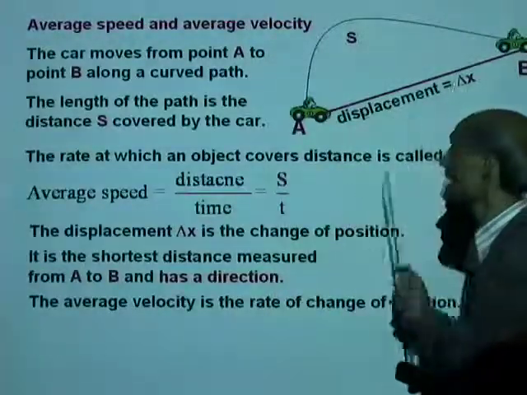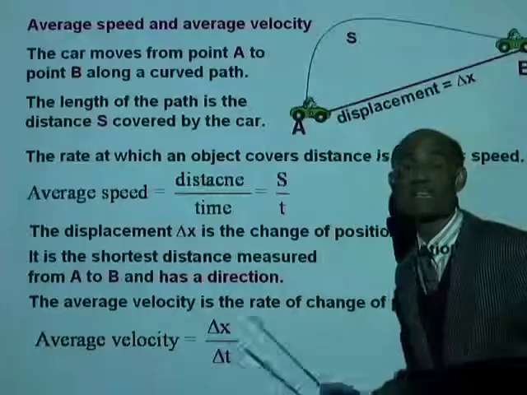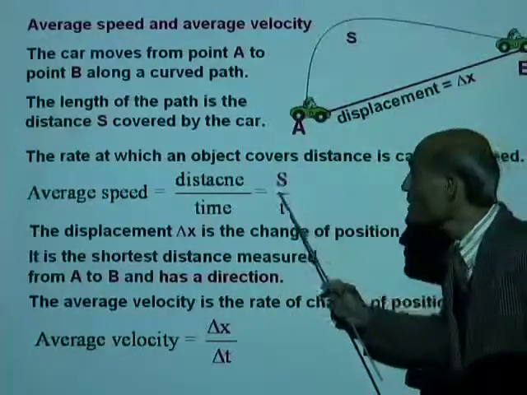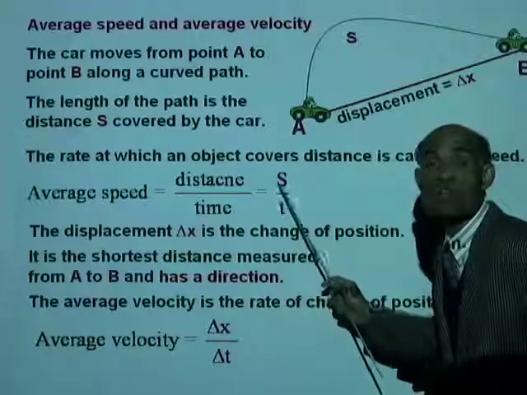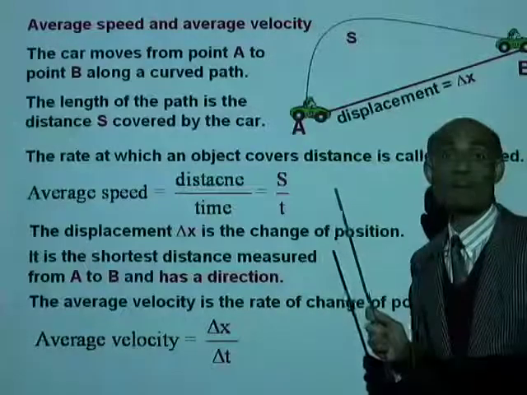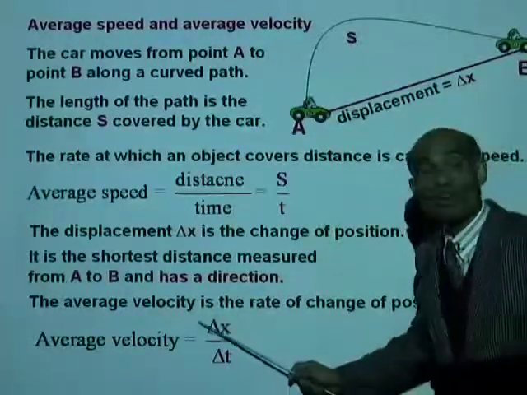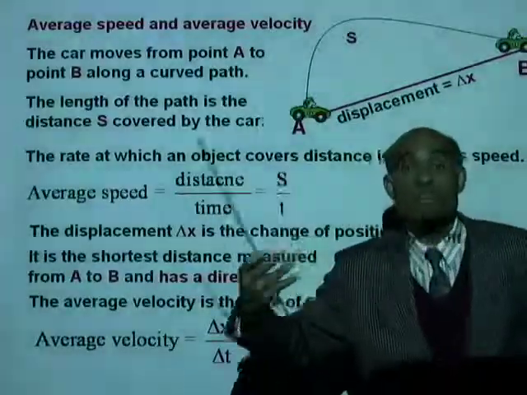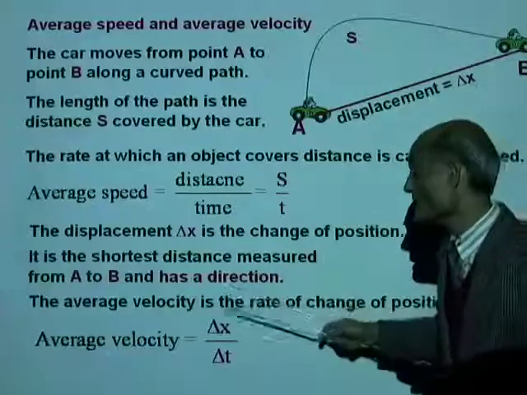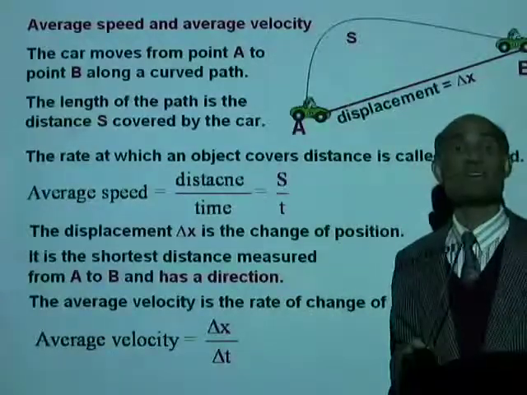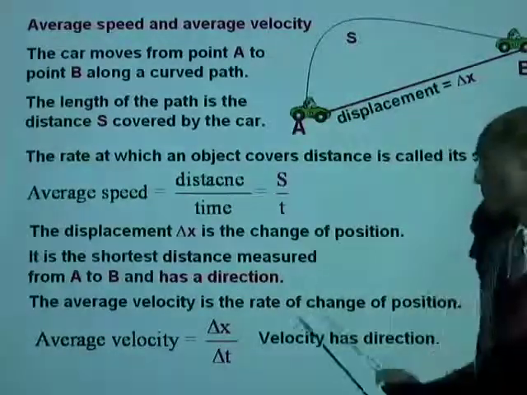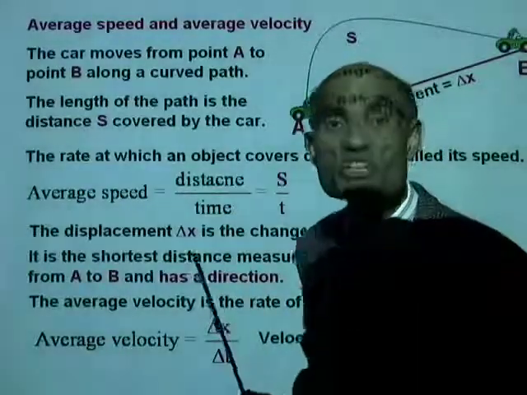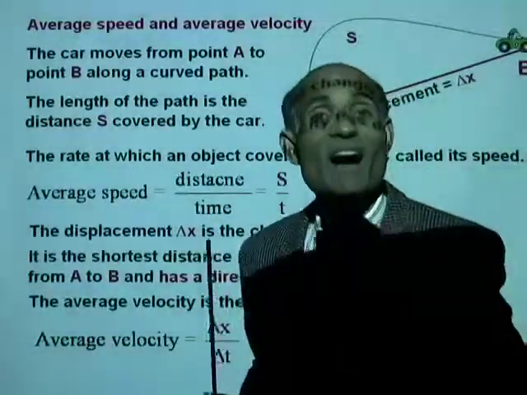It is delta x divided by delta t, whereas the average speed is the distance covered divided by time. The average velocity is the rate at which the displacement is being done, delta x divided by delta t. Velocity has a direction. So what is the distinction between speed and velocity?